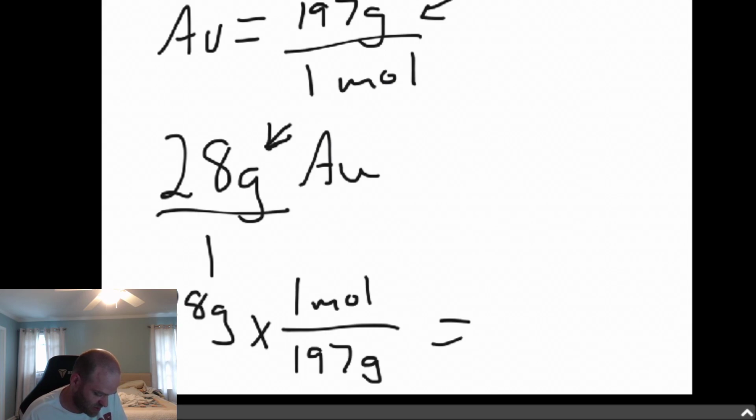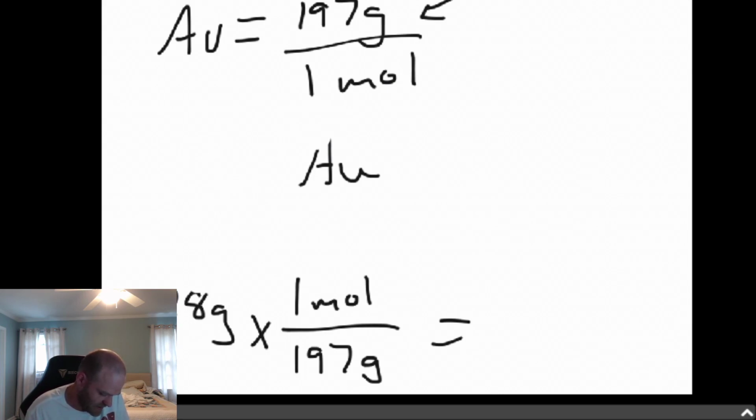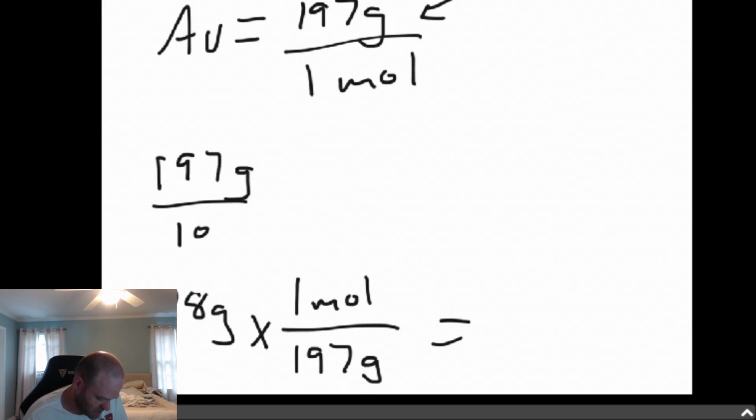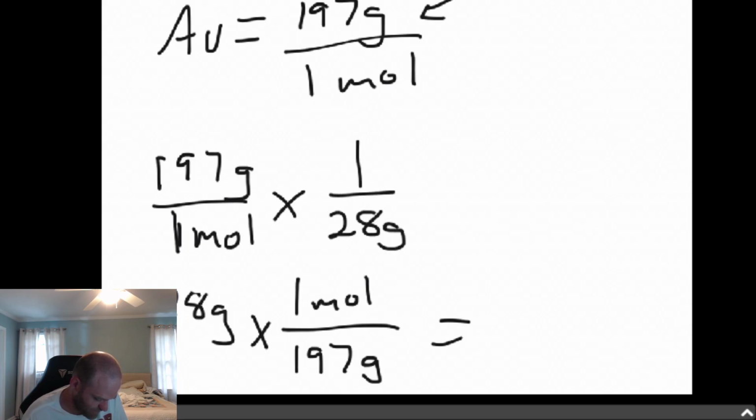I'll show you in just a second. If I were to start the other way, 197 grams per mole, 1 mole, and then put my 28 grams on the bottom, I flipped the wrong one, essentially.